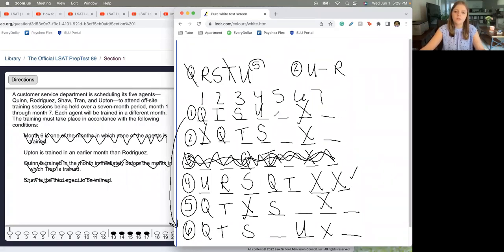So in our first world, R is going to shift between 5 and 7. So rather than making a whole other world, one where R is in 5 and one where R is in 7, I'm going to do something like this. R is flip-flopping between those two. And then 6, R is going to fall into place into that last spot like we talked about.